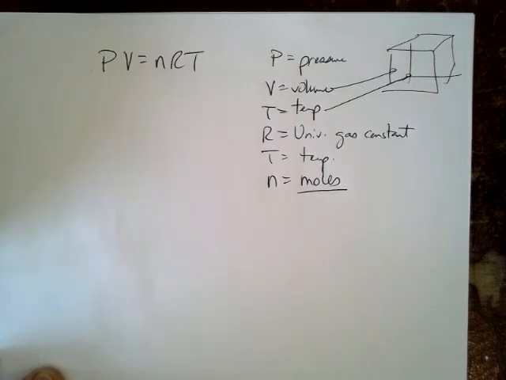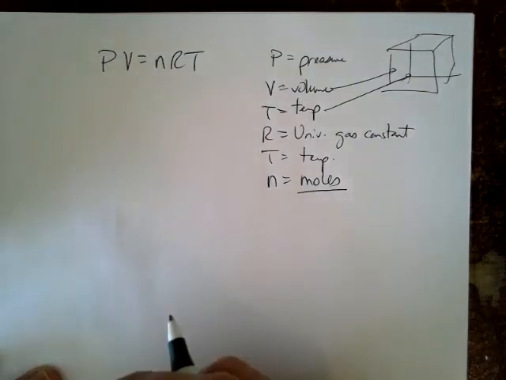A mole is not specific to chemistry, just like a dozen isn't specific to, say, donuts. If you have 12 cans of Diet Coke, you have a dozen Diet Coke cans. So a mole just represents a number, 6.022 times 10 to the 23rd, just like dozen represents 12. So n just really represents how much gas we have.